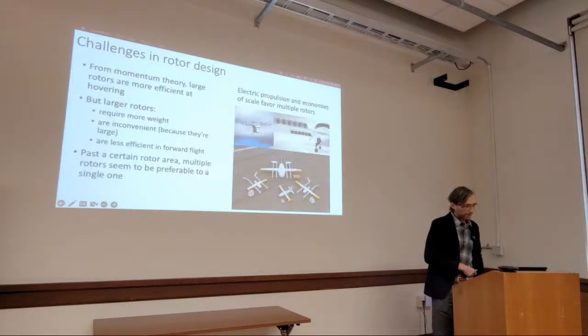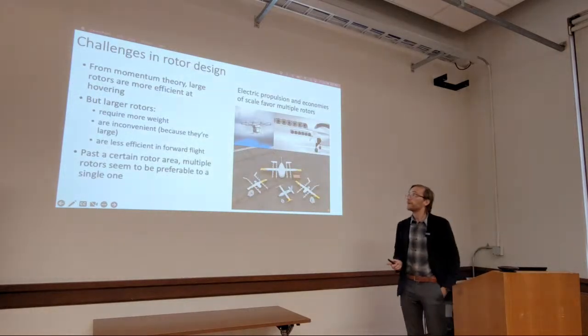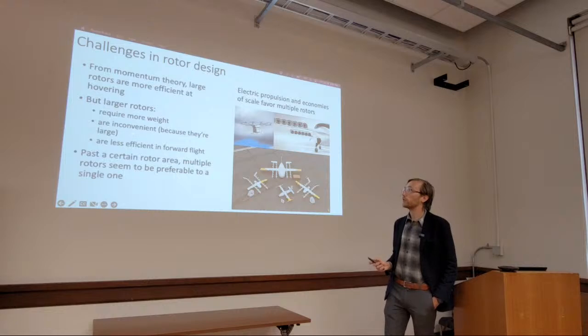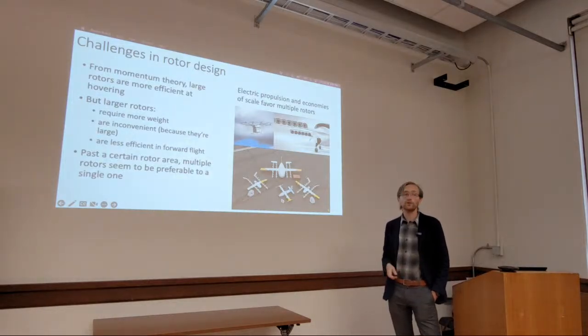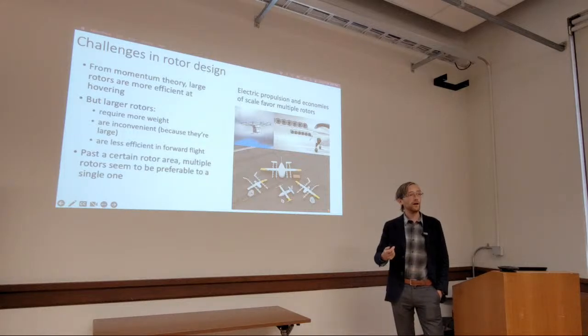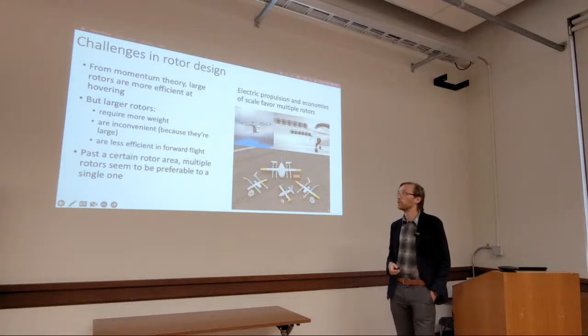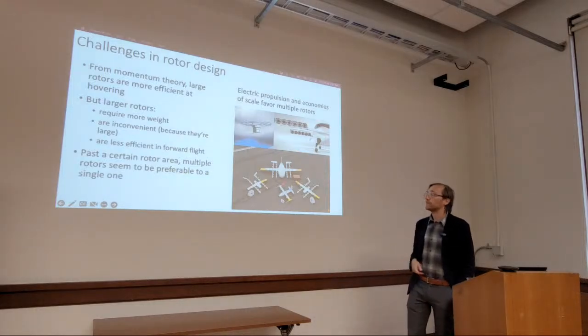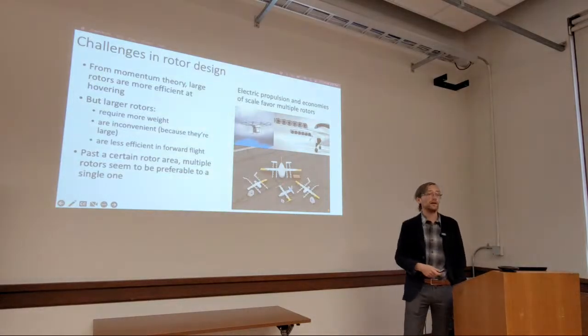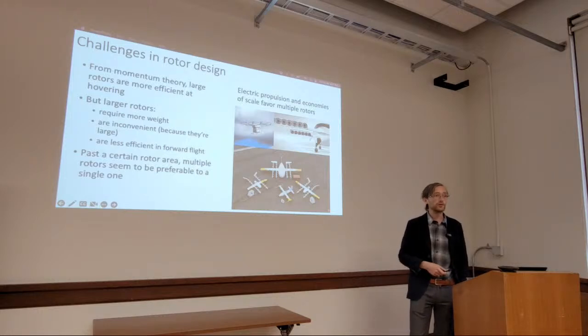And so we have also seen that larger rotors can be advantageous because of the weight incurred by one rotor versus multiple rotors. And we can see that with examples of recent developments in distributed electric propulsion.